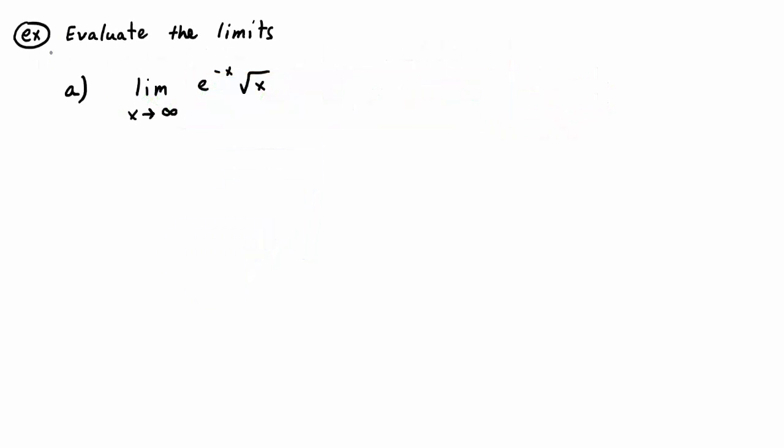Okay, example, evaluate the limits. Part A, the limit as x goes to infinity of e to the negative x times the square root of x. Let's talk about the indeterminate form, you guys. Now, here's where I need to draw you a graph and remind you what the exponential function looks like.